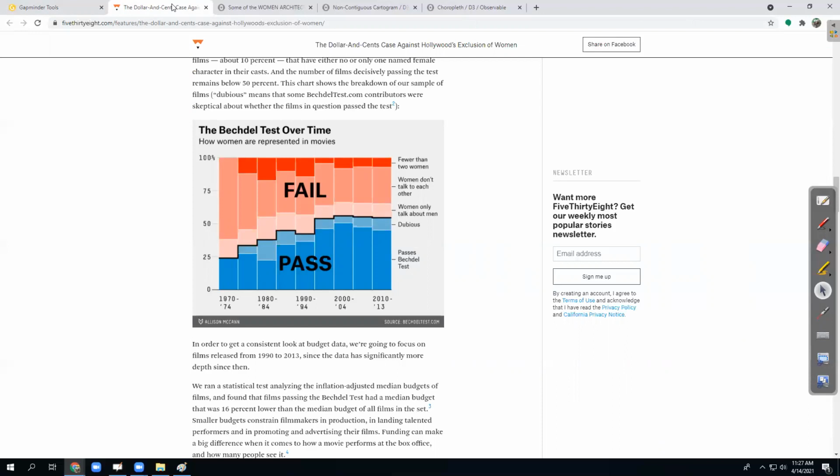Next question: do the women actually talk to each other? And then, do they talk about something besides men? If a movie satisfies each of those, there's more than 2 women, the women talk to each other, and they talk about something besides men, then they pass the Bechdel test for a positive representation of women in movies.